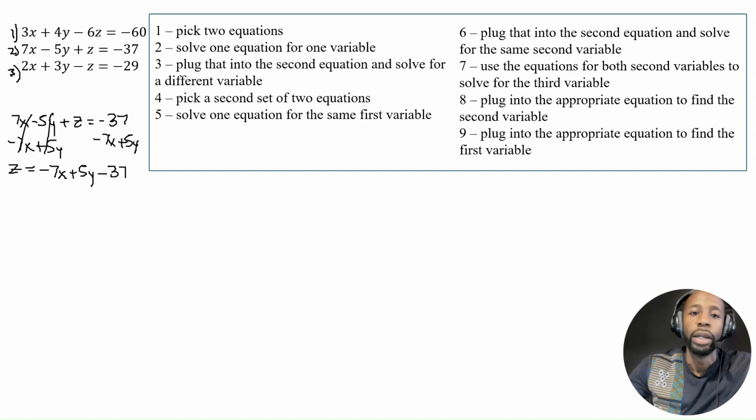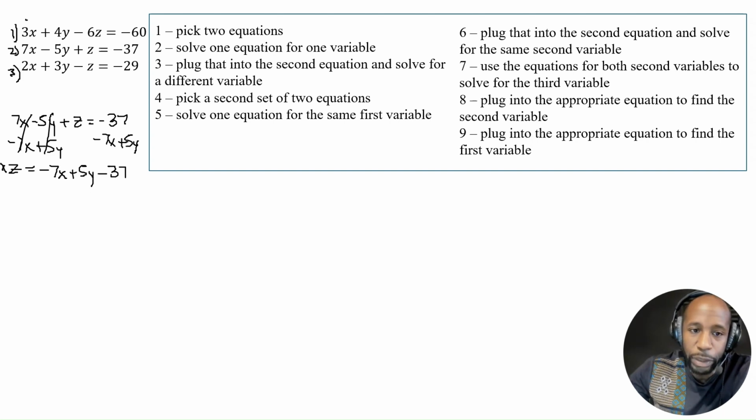Okay. Now, step three is we're going to plug that into the second equation, which in our case is the first one, and solve for a different variable. So I'm going to plug this into equation number one for z, and then we'll solve for x.